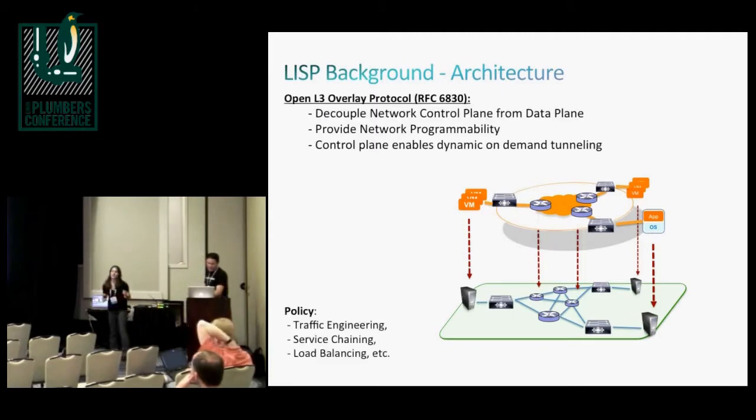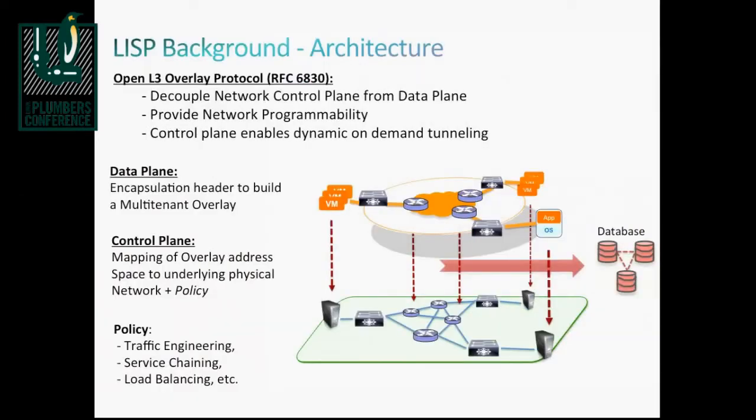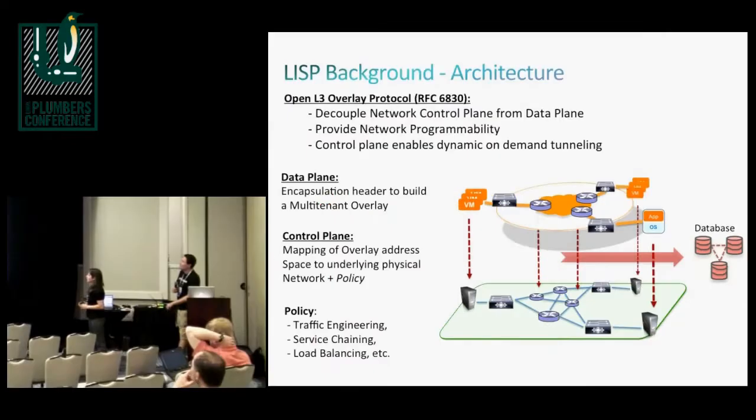Okay, so I'll give a very short overview of LISP. The focus is from the perspective of the control plane that enables service chaining, and it goes well with the NSH descriptions afterwards. LISP is a layer 3 overlay protocol.